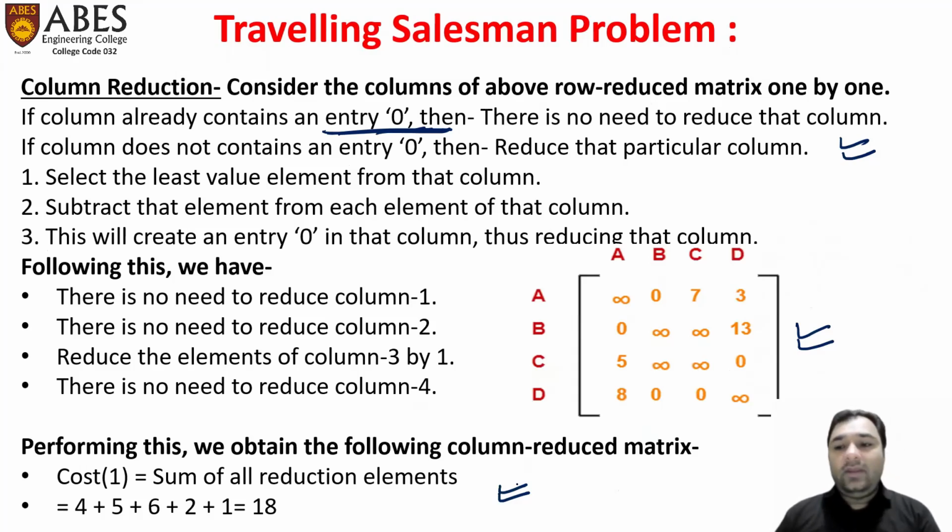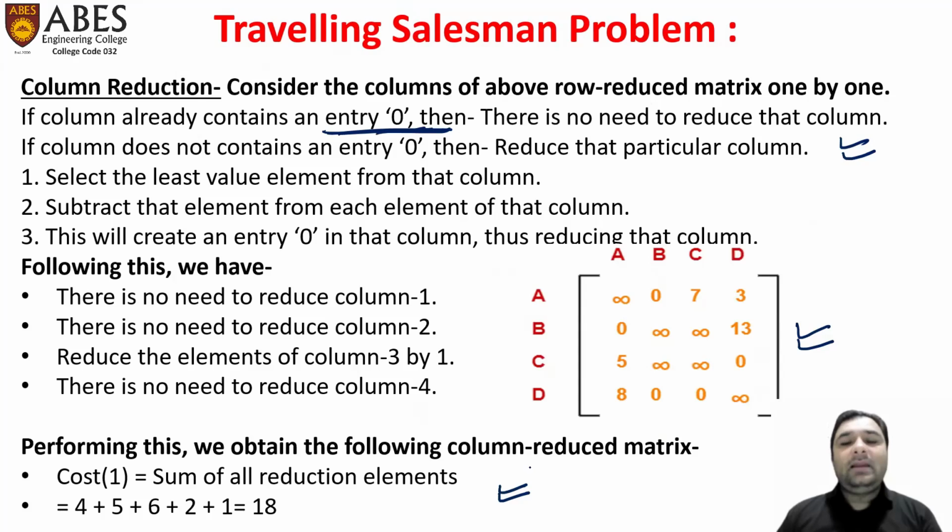So as of now, what we have done is we are given a graph. We have simply created a cost adjacency matrix. If there is an edge, we simply write the weight. If there is no edge, we simply write infinity. Then we perform 2 steps, row reduction and then column reduction. What is the logic behind a row reduction? We must require a 0 in every row.